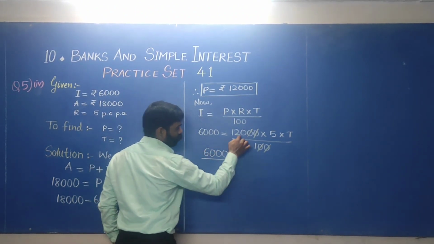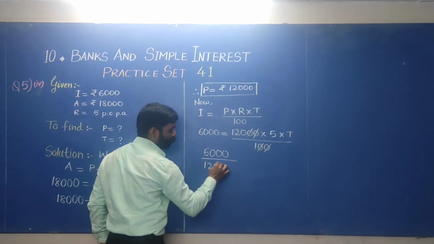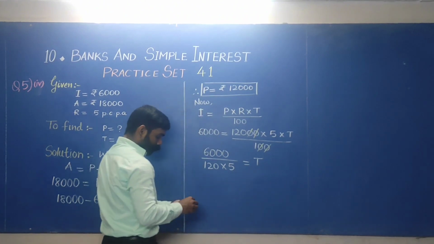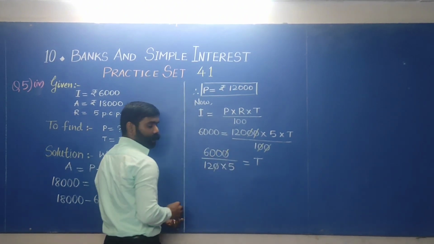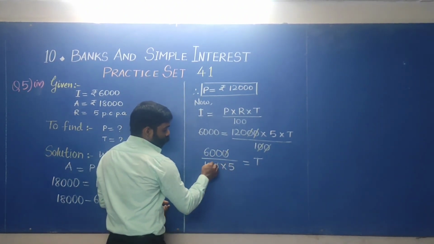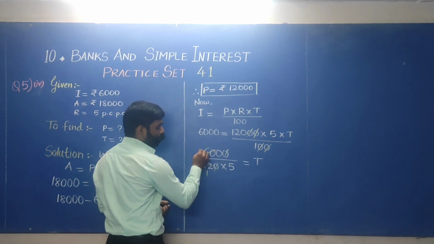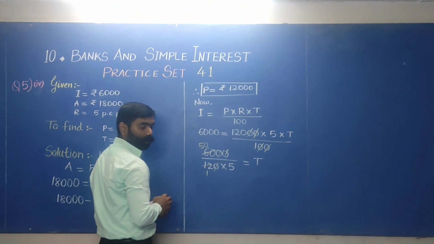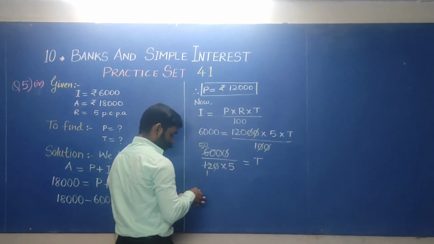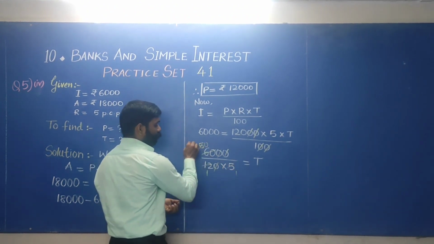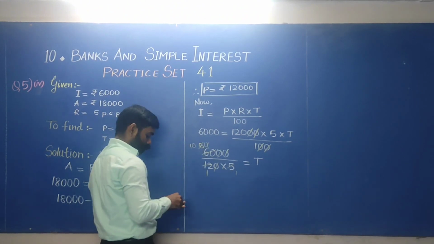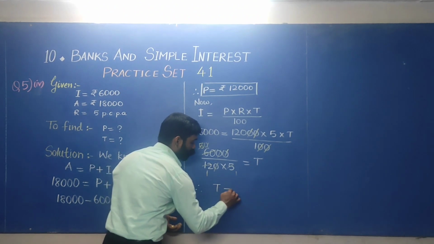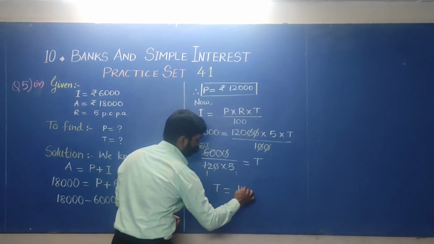These are in multiply form, so it will become divide is equal to T. Here the zeros got cancelled. 12 ones are 12, 12 fives are 60, 1 zero added. 5 ones are 5, 5 zeros are 0. So therefore the final answer we are getting is T equals 10 years.